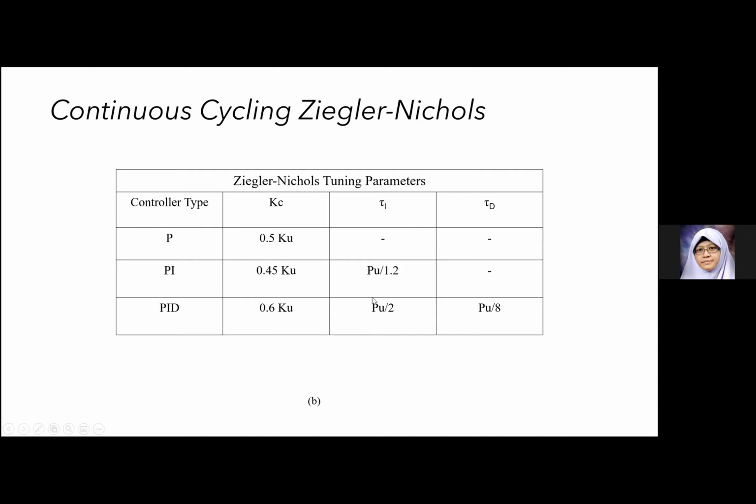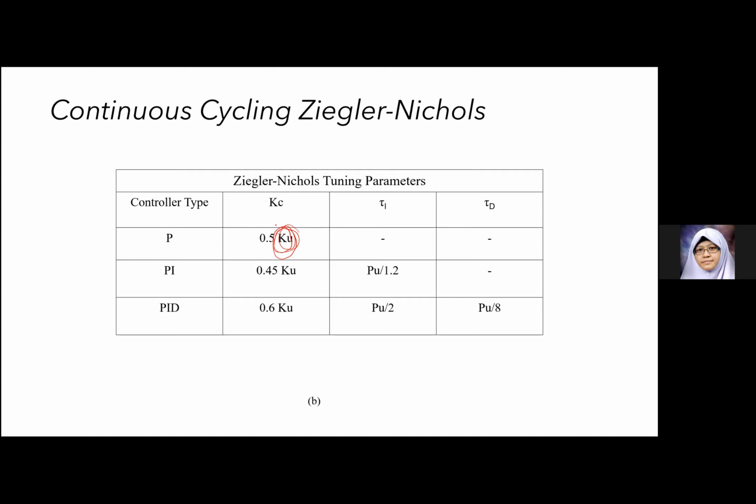Okay. Now, by looking at the Ziegler-Nichols tuning parameters, Ku is the ultimate gain. So Ku, when you calculate the stability using the Routh stability method or the direct substitution, is the gain at the critical stability.